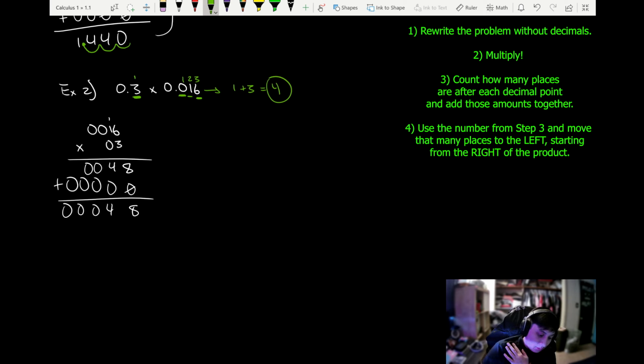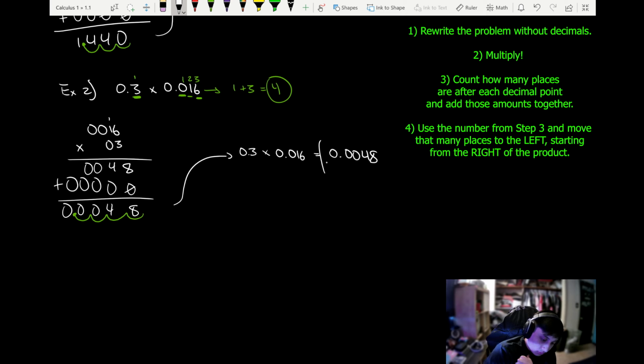And then, from the right of the product, we go 4 spaces to the left. 1, 2, 3, 4. Put a decimal point there. And so now we say 0.3 times 0.016 is equal to 0.0048. Awesome, right? And now you all are going to try one.